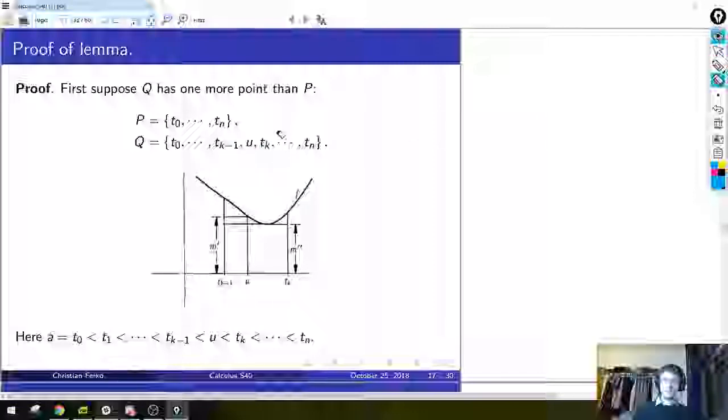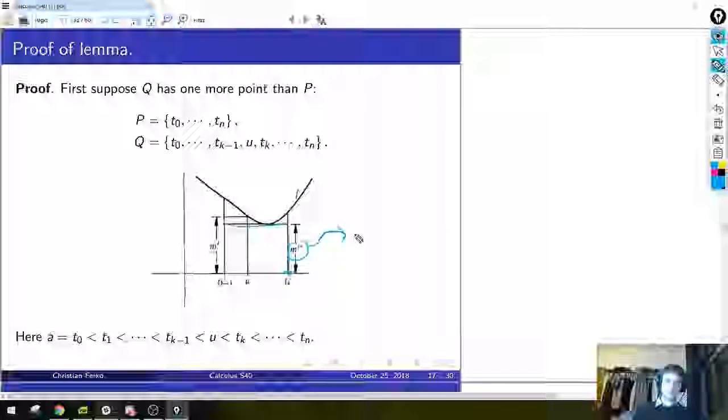Okay, so let's compare the lower sums. In particular, I'll start with the lower sums, so these are the lowercase m's. Start with the lower sums for these two partitions, and let's just look at the interval where we inject the new U. Here, the infimum of the function on the old interval, the interval in P, which is from t sub k minus 1 up to t sub k, I call M double prime.